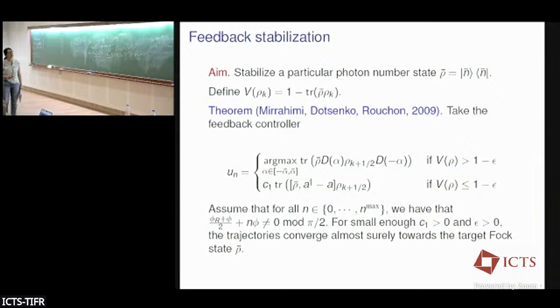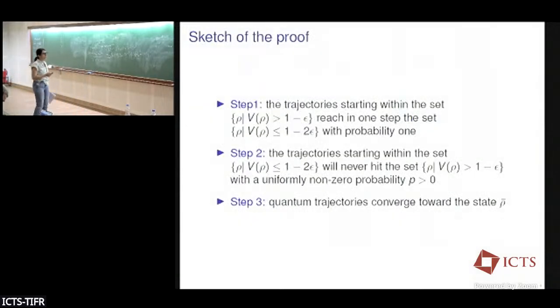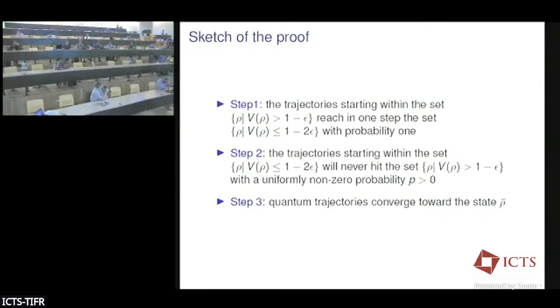So then here you have some technical things that you need to respect in order to show the convergence towards some rho bar. Maybe just before you move on, maybe this goes back to Howard's question, but it seems here like n max is really a technical thing.